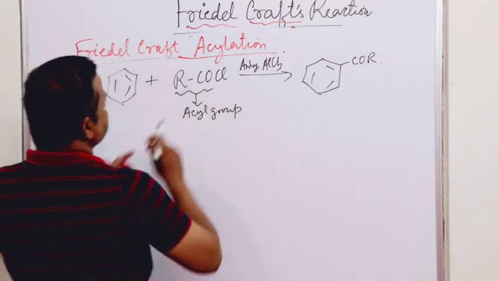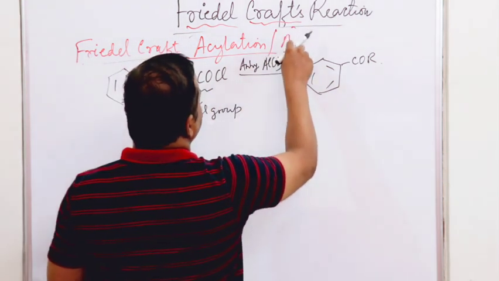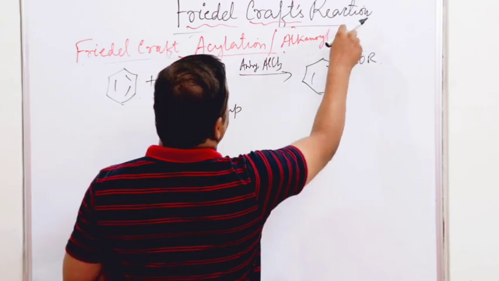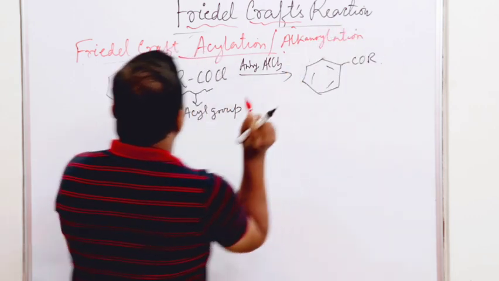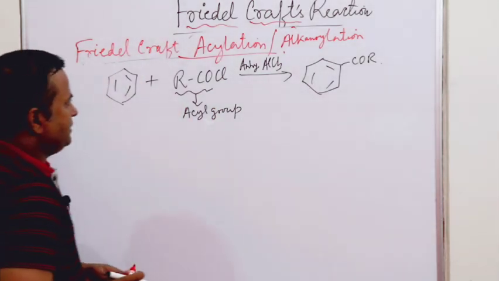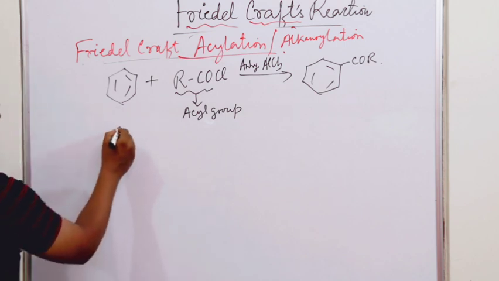Now this Friedel-Crafts acylation can also be called alkylation, so don't get confused if you are asked what is Friedel-Crafts alkylation; it is the same as acylation. So let's see some examples.